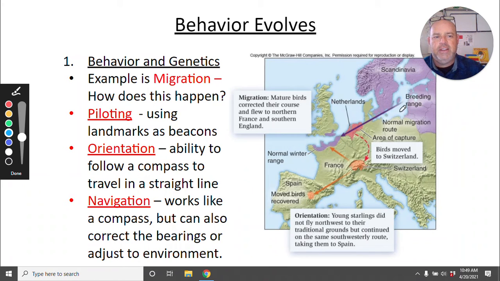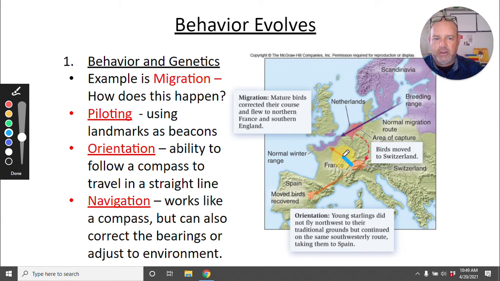And so what scientists did is when they landed in the Netherlands to rest, they captured a few and they moved them way over here to France. And they put some of the birds way over here. And then when they were released, you have two things that happened. You have some birds that flew in a straight line, which is parallel to this line, right? They just kept going in the exact same direction.